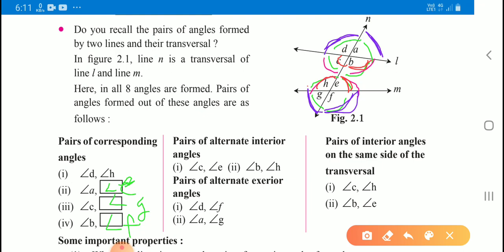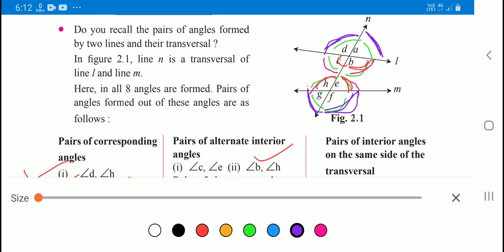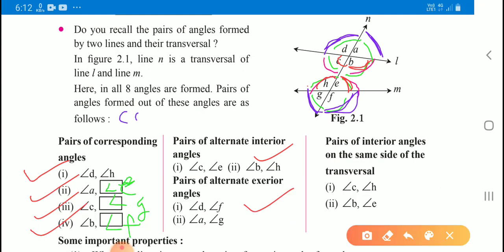Now look, whatever alternate angles pairs and corresponding angles pairs we got here. Look here, these pairs, D and H, A and E, C and G, B and F, they are of equal measure, as well as these alternate interior angles pairs and alternate exterior angles pairs. They all are congruent.